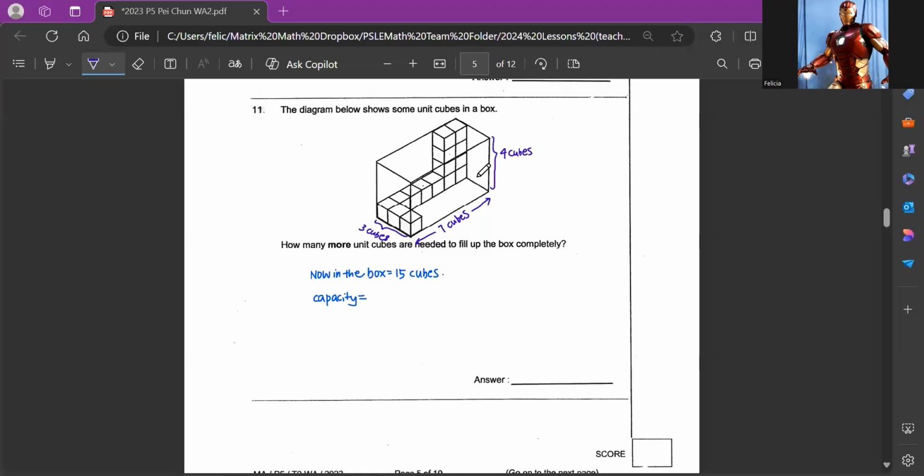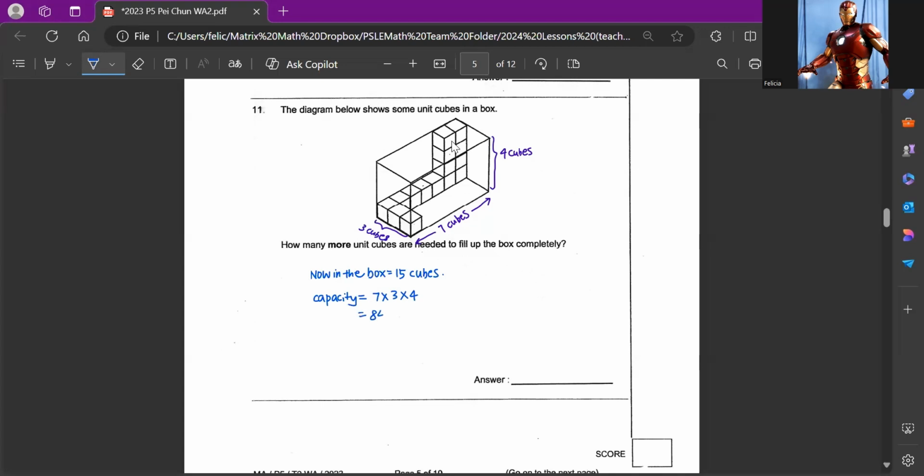All right, so looking at the length, breadth, and height that I've counted based on the number of cubes, we can now work out the full capacity, which means that I just need to use length times the breadth times the height to find out the maximum number of cubes this box can fill up. Okay, so 7 times 3 times 4.